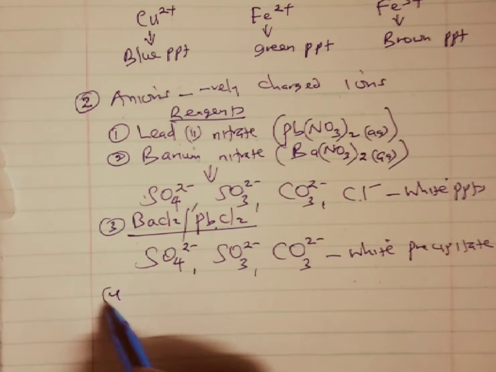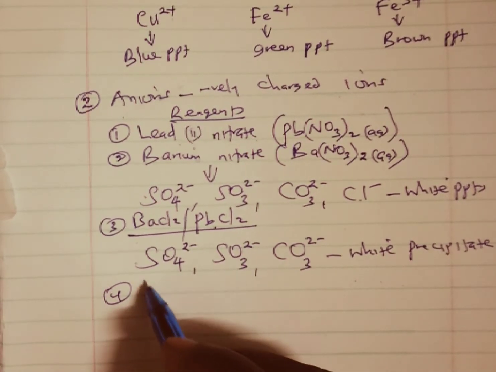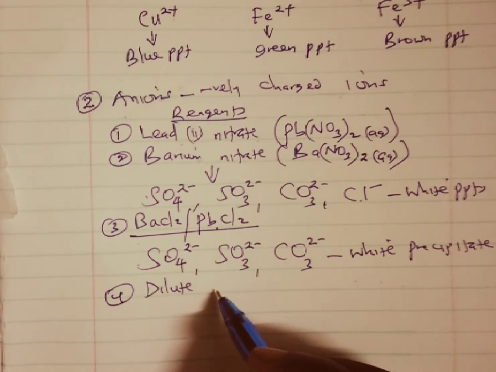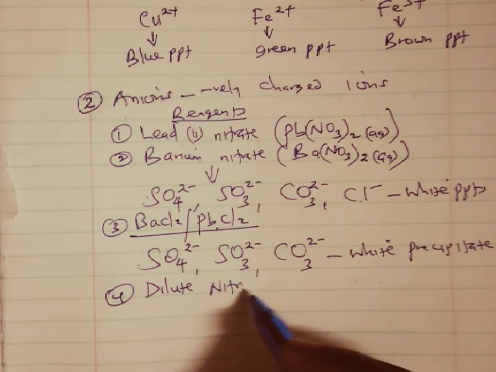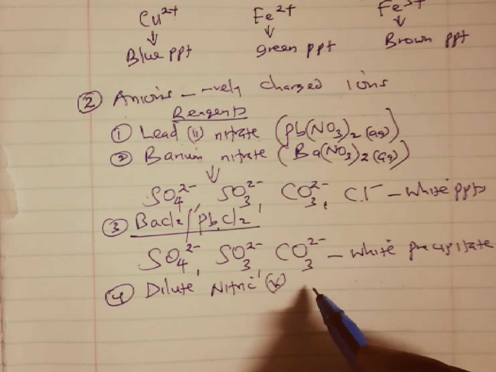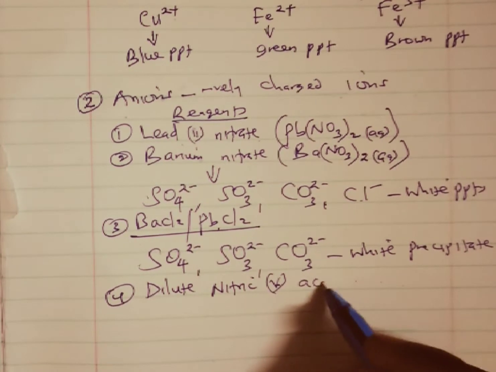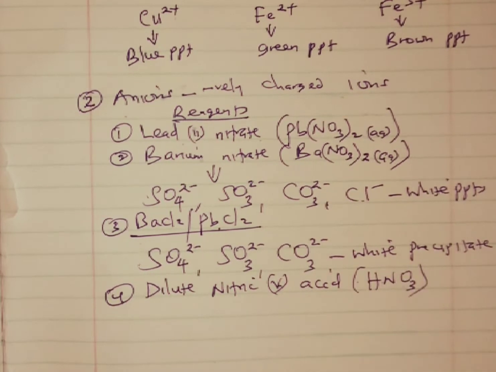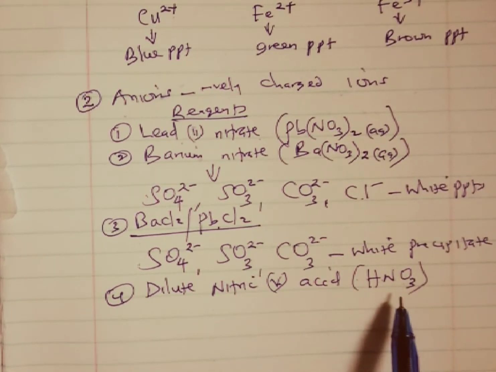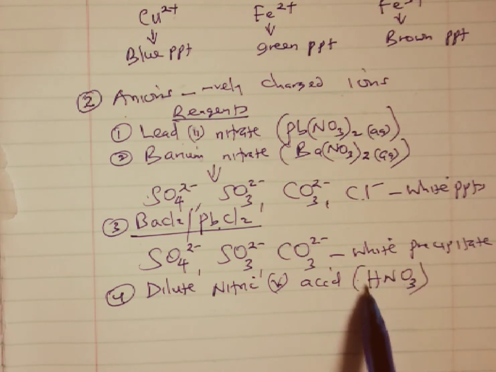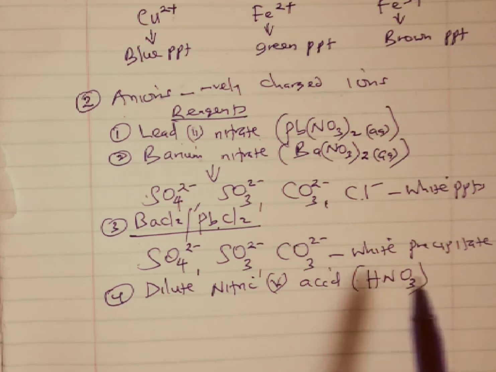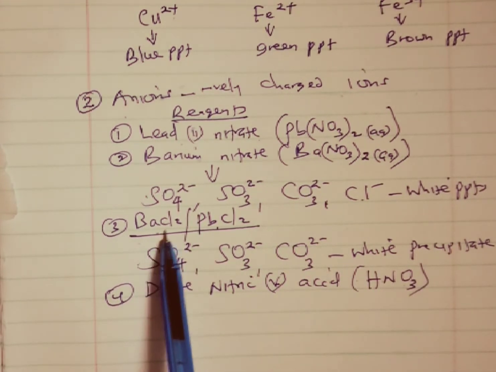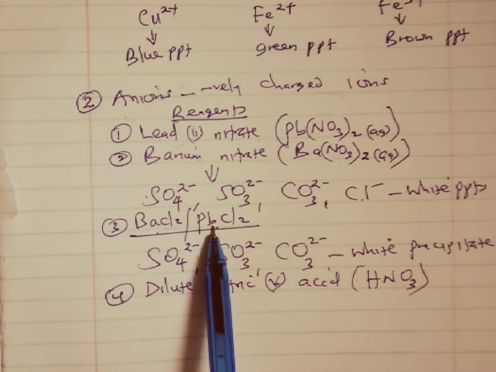Then reagent number 4, you are going to see dilute nitric acid. That is dilute nitric acid, HNO3. This one is normally used with barium chloride or lead chloride.